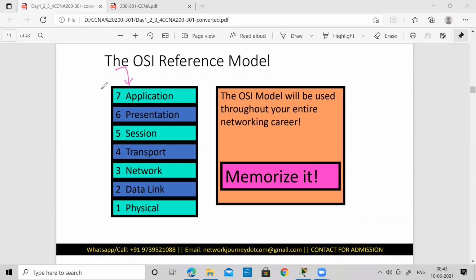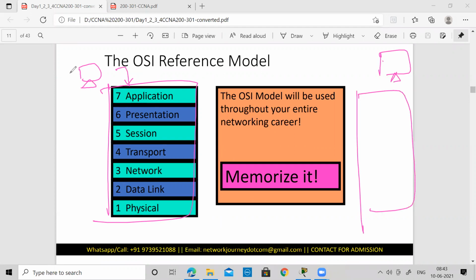We can say that this is the sender side. Whatever layers are seen at the sender side, exactly the same layers will be seen at the receiver side. At the sender side, we go from top to bottom, and at the receiver side, we go from bottom to top. Accordingly, we will see how the data is related.